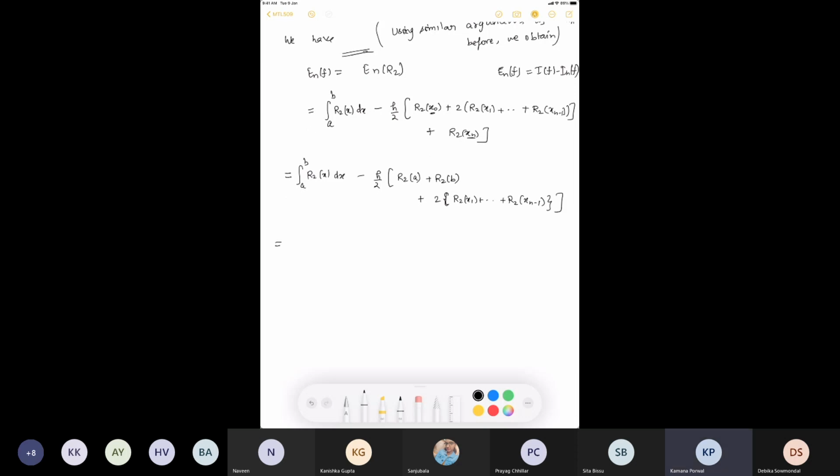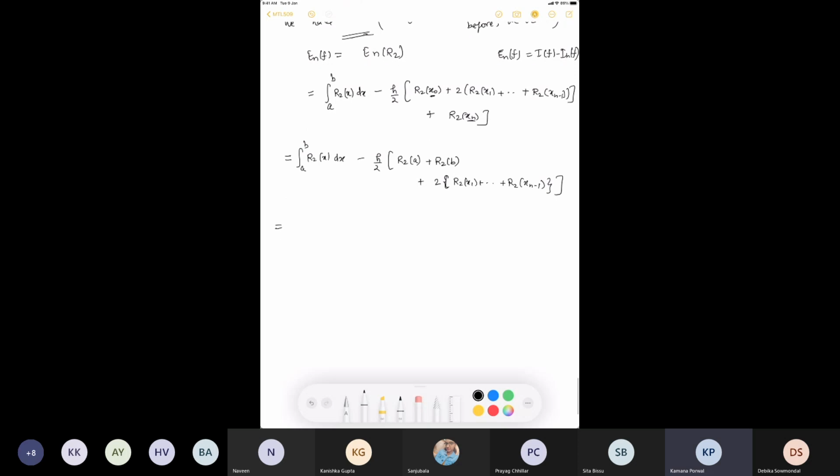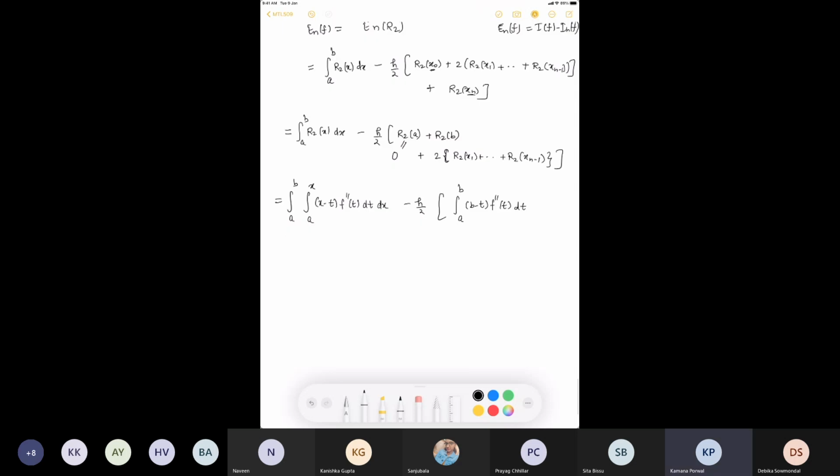Okay. Now I'm just going to substitute the expression for R2. So this is going to be the integral a to b of the integral a to x of (x minus t) f double prime t dt, dx, minus h by 2. R2 at a is 0 again, right? And R2 at b is going to be the integral a to b of (b minus t) f double prime t dt. And then let's write down the other terms.